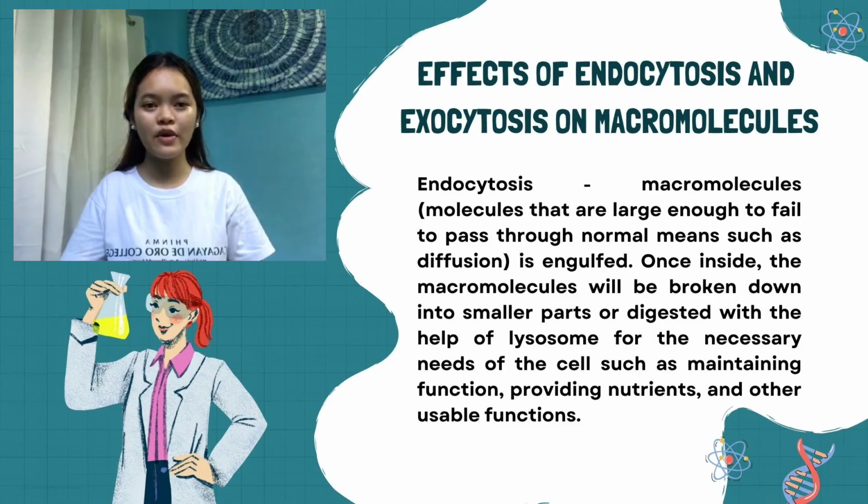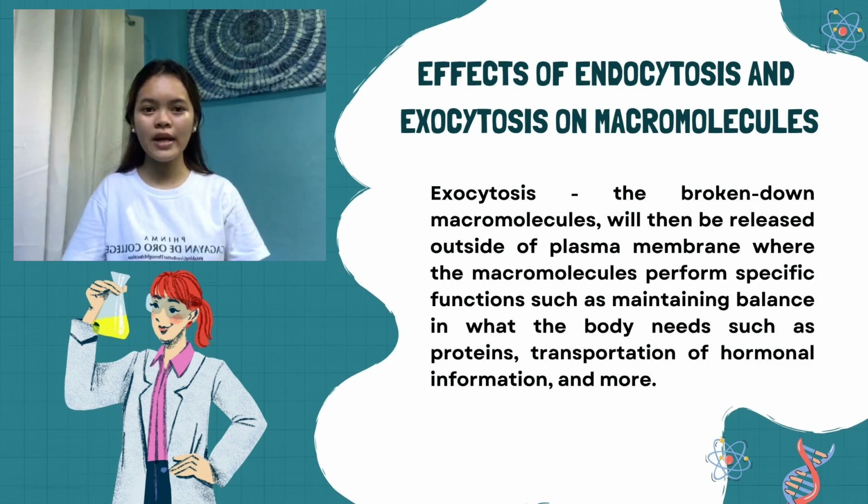In endocytosis, the macromolecules, molecules that are too large to pass through normal means such as diffusion, are engulfed. Once inside, the macromolecules will be broken down into smaller parts, or digested with the help of lysosomes, for the necessary needs of the cell, such as maintaining function, providing nutrients, and other usable functions.